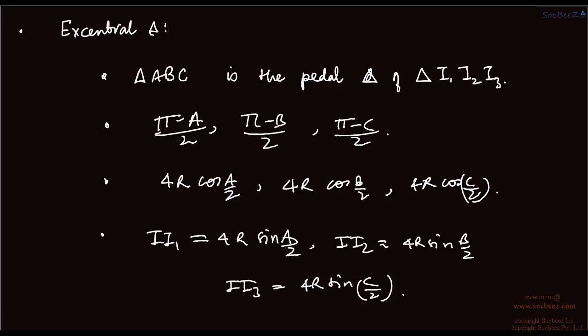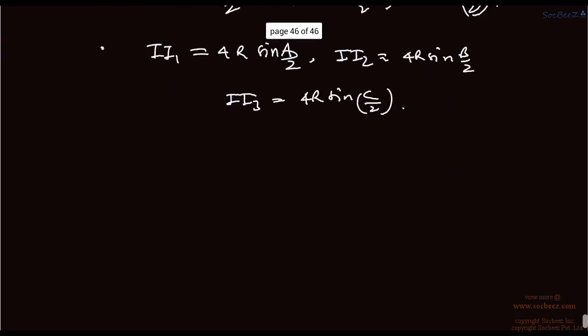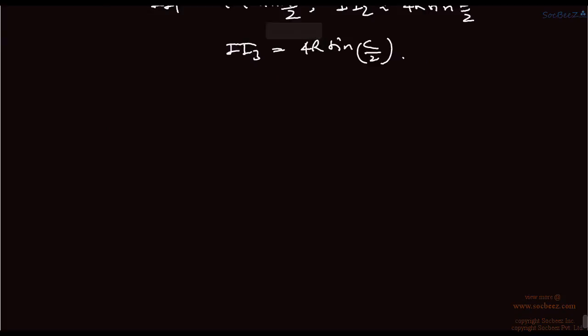Now, this is the triangle formed by joining the three excenters I1, I2, and I3 of a triangle ABC. Okay, I can make it. It will take some space. Okay, let's make it with red. Let's say this is our triangle.